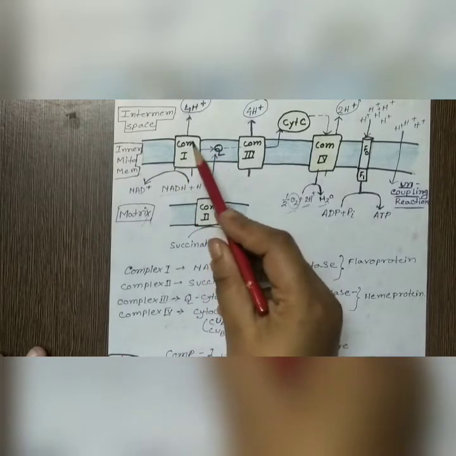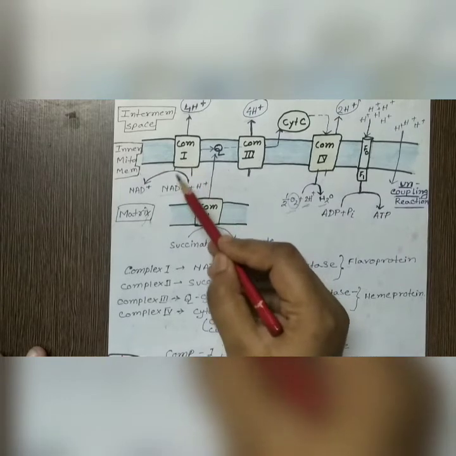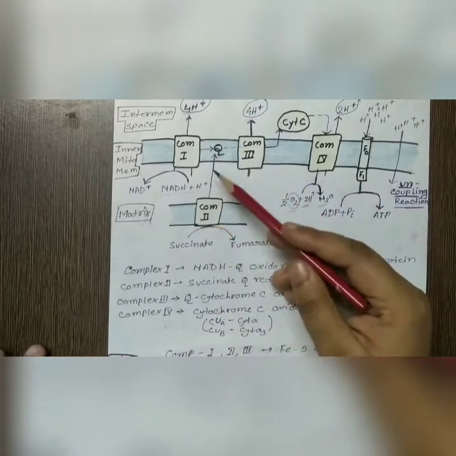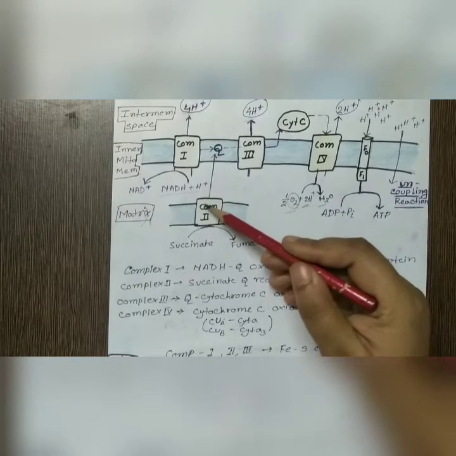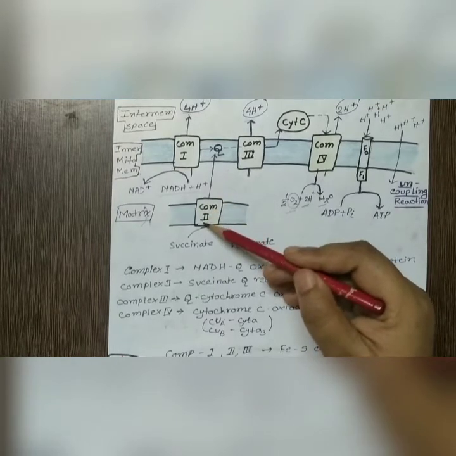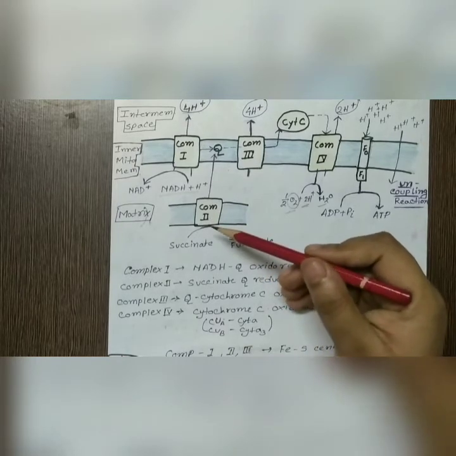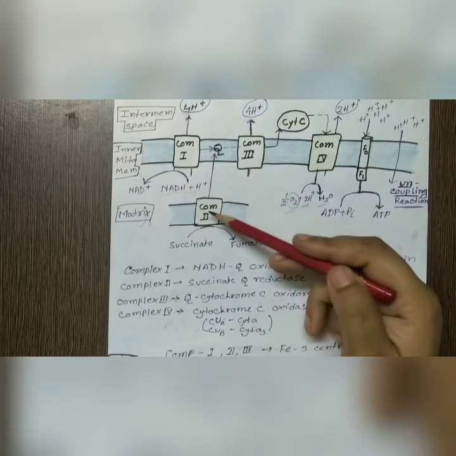Now what is complex 1 called? NADH Q oxidoreductase. You can guess what may be the name of complex second, that is succinate Q oxidoreductase. Why?